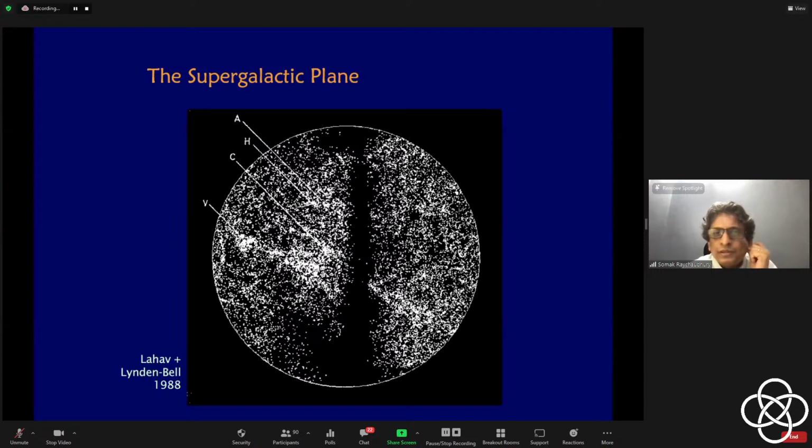Shubhajit Paul is asking, is it found yet why there is a web-like structure? No, the web-like structure was discovered maybe 20 years ago. Why is it a web-like structure? We don't even know if it's a web-like structure. That's what we see in projection. It could be a sheet-like structure, right? In three dimensions, it could be very different kinds.